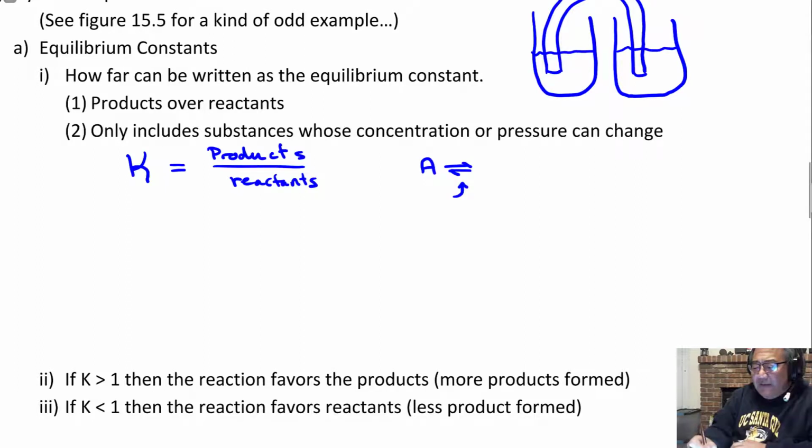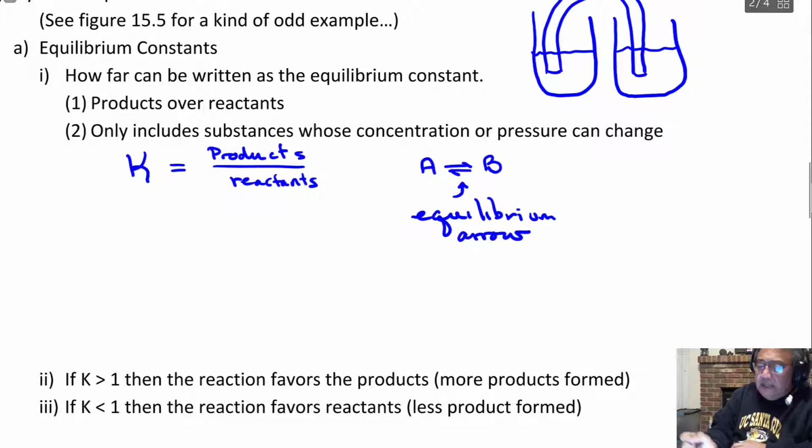Okay, so if we have A in equilibrium with B, so this is my equilibrium arrow, the equilibrium constant is going to be written like this.